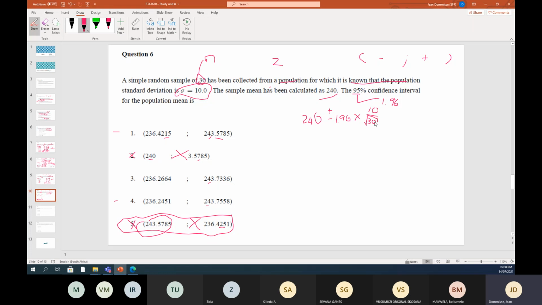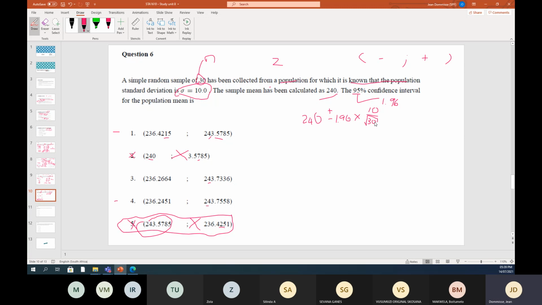Unfortunately with 50, we need to look at how we do that. On a calculator, make sure that the order in which you do it is correct.